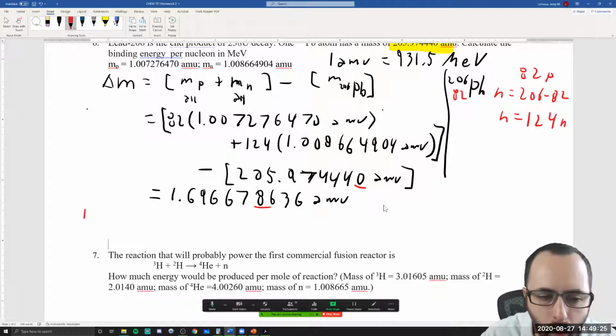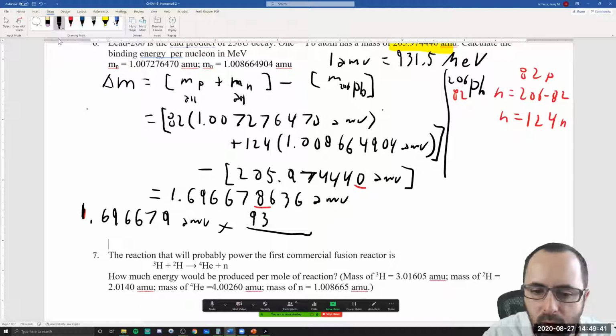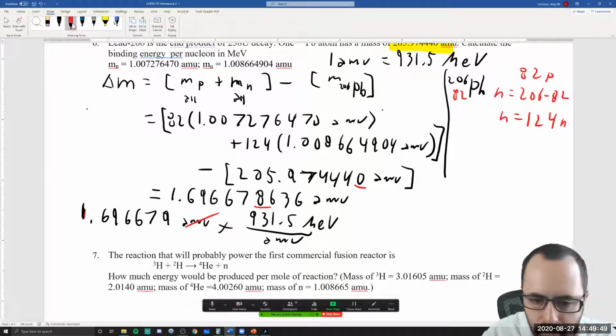So for the whole atom, it was 1.696679. I'm just going to round it right there. AMUs, and it was 931.5 mega electron volts per AMU. That gives us mega electron volts.